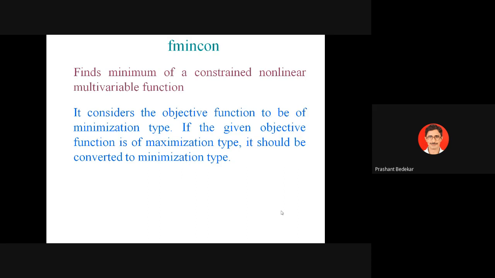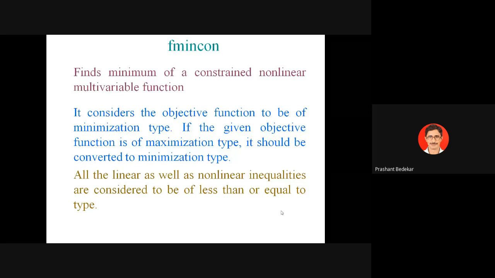If the given objective function is of maximization type, it should be converted to minimization type. And we very well know now how to do that: simply multiply the objective function by -1, and it gets converted into minimization type. All the linear as well as non-linear inequalities are considered to be of less than or equal to type.